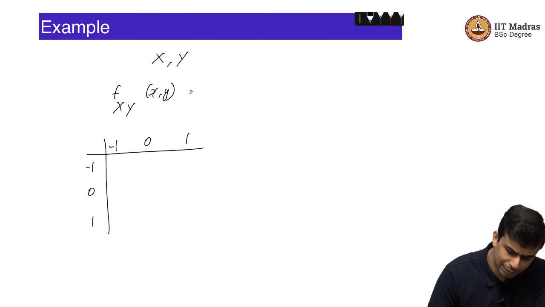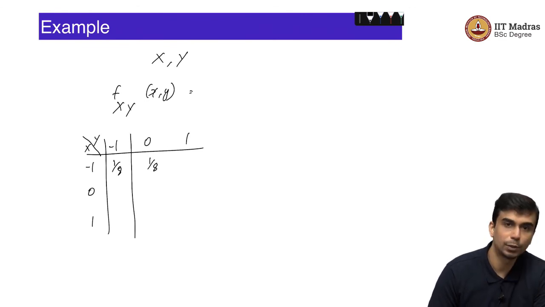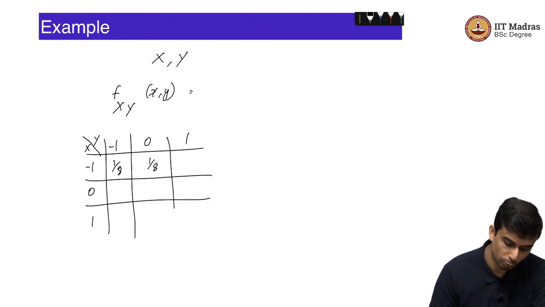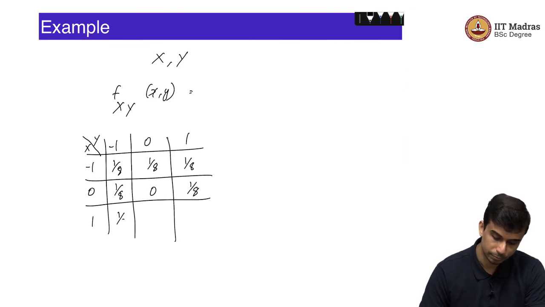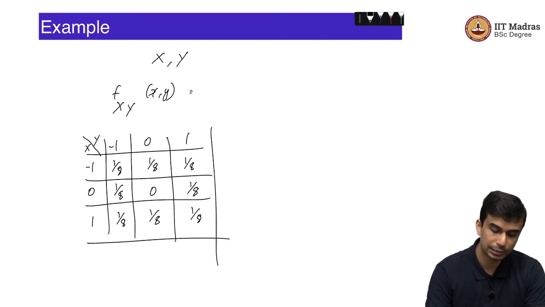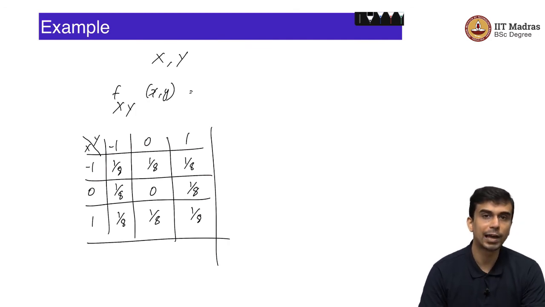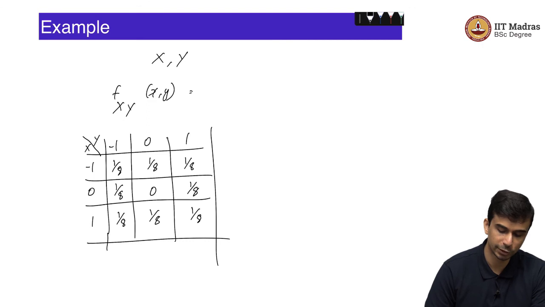X and Y take the values -1, 0 and 1. You can clearly see that this sums to 1, so this is a valid joint probability mass function.